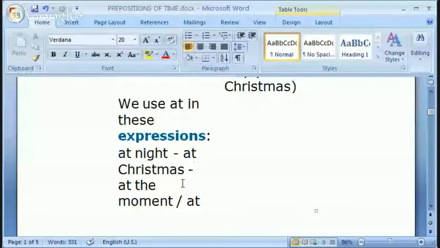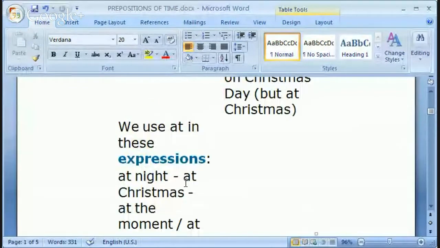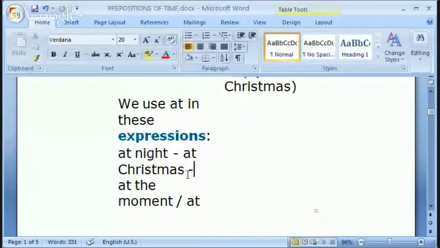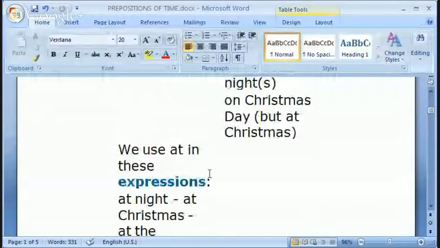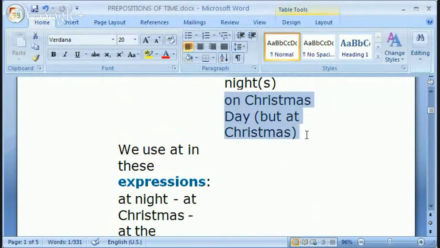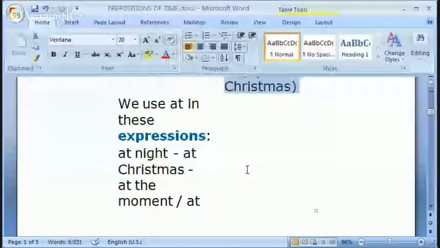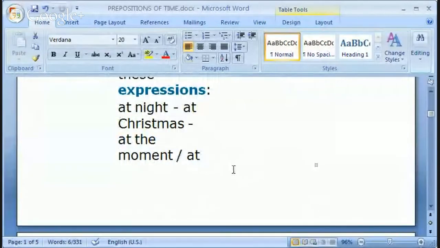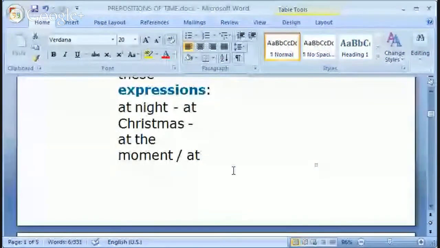Well, no. You would probably use on. On the holiday. Notice at Christmas, no use of the. Because if we use the word day, for example, we always say on Christmas Day. But at Christmas, we would probably say on the holiday if we're talking about a holiday in general. Good question, though.